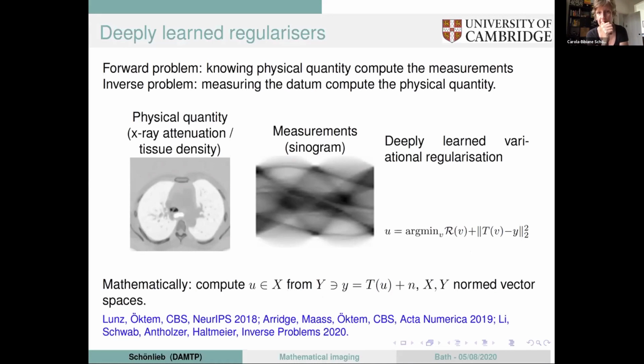One thing that we did in this context of variational regularization is to insert a data-driven component into the place which is usually the hardest to model. And this is the prior information, the prior information about the type of images I want to reconstruct. And this is given by the regularization.